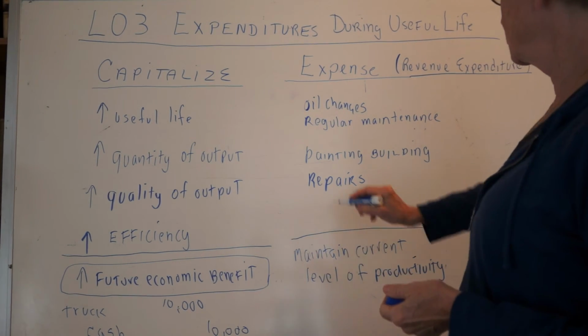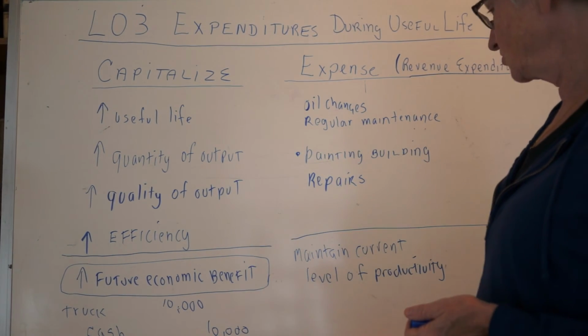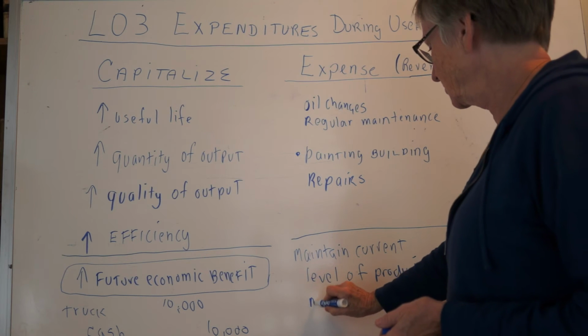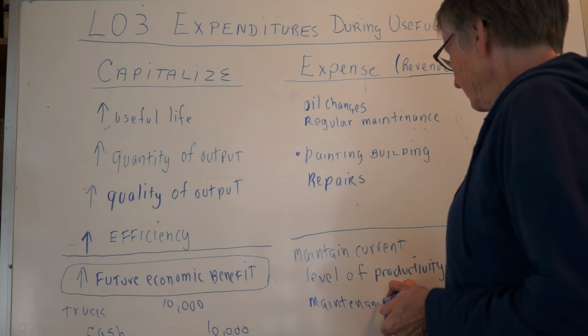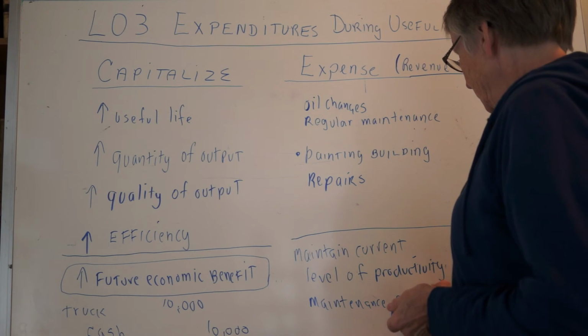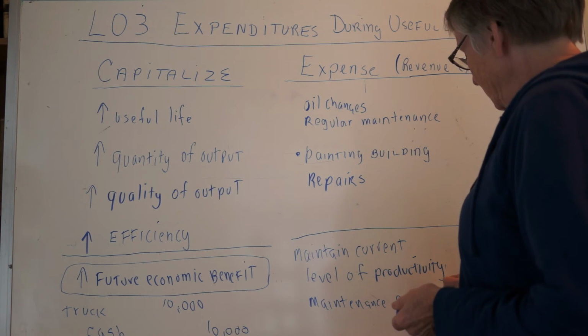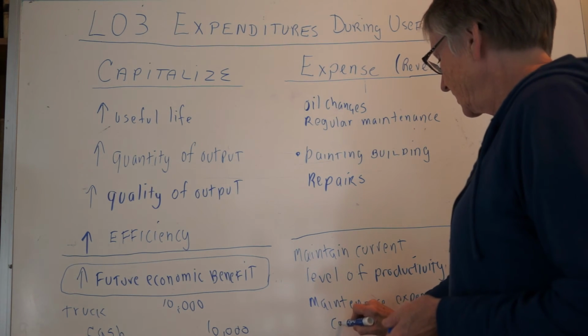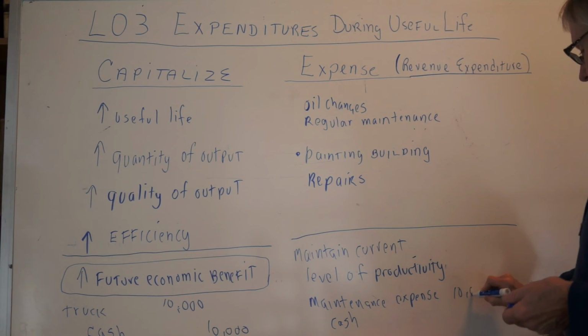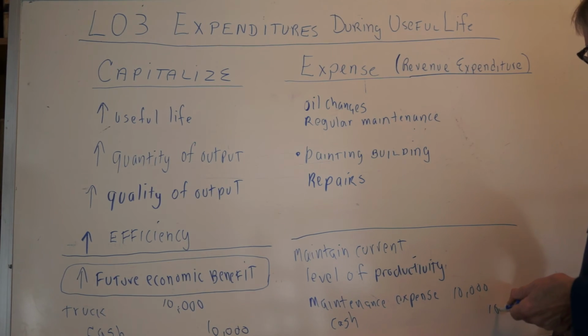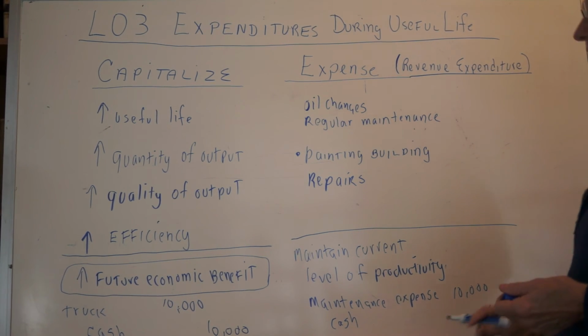It could cost you $10,000 to repaint your building, and that would still be maintenance expense, because it just keeps the building maintained at its current level, and so that would be an expense on your income statement, even though it was the same amount of money.